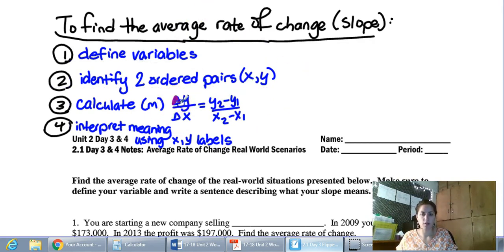I'm going to make this stand out a little bit. So at the start of calculating the slope from now on, we're going to be putting that little triangle y divided by triangle x, meaning change in y divided by change in x, so that we remember what label goes where.